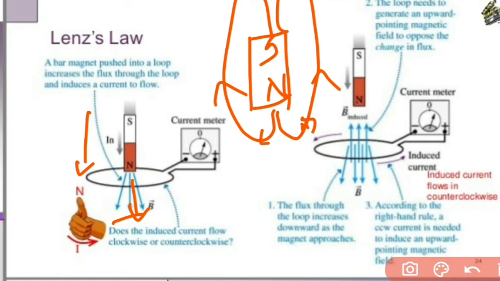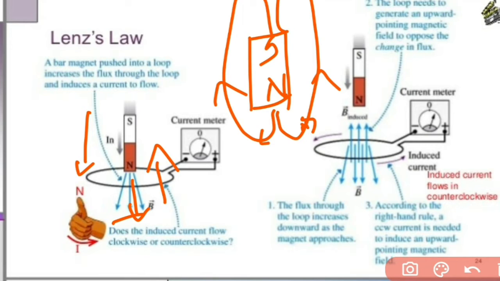Decreasing the field in this direction means the induced current should produce a magnetic field in the opposite direction, that is, in the upward direction. That is how we apply Lenz's law here.